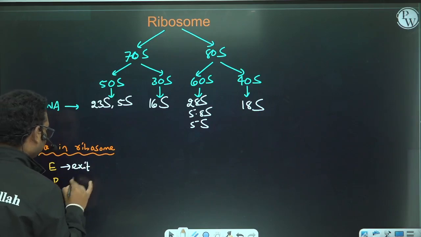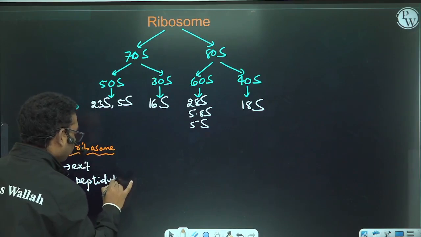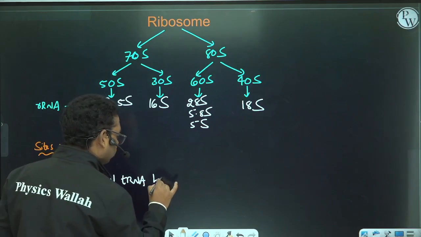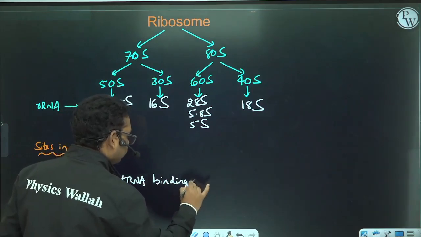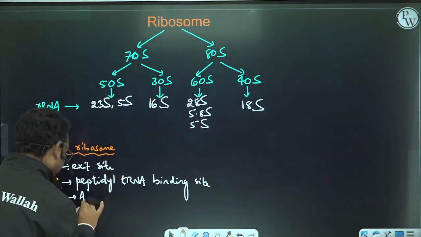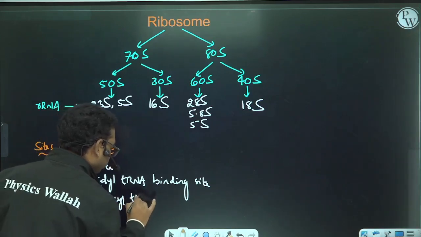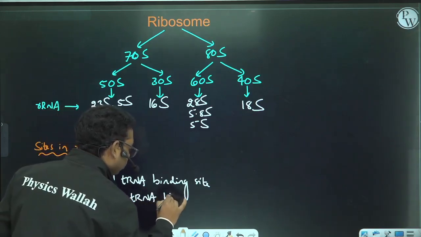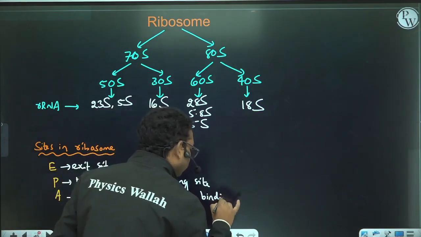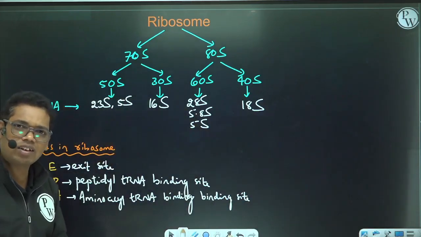P is the peptidyl tRNA binding site. A is the aminoacyl tRNA binding site.